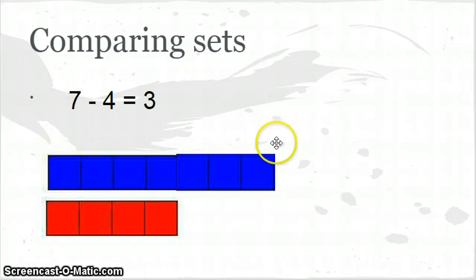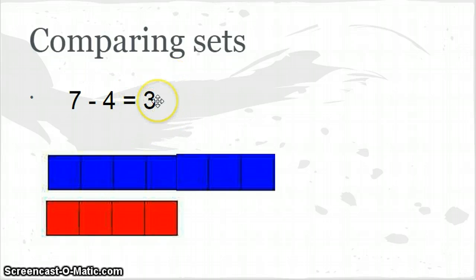So there are 7 blue cubes. And I'm going to take away the number of red cubes. We have 1, 2, 3, 4. So I plug that in here. So 7 take away 4 equals 3.